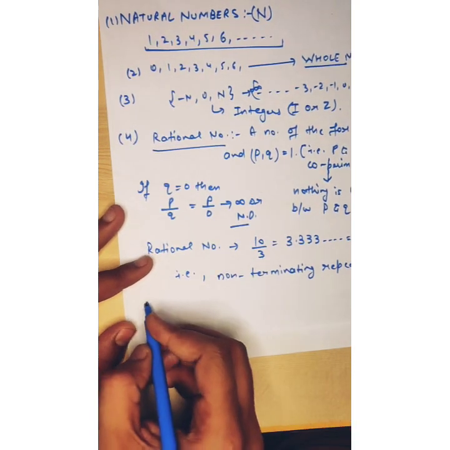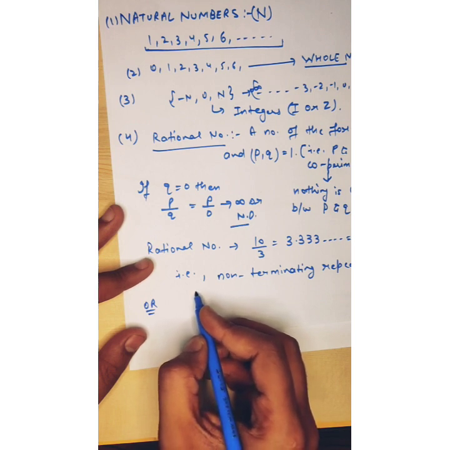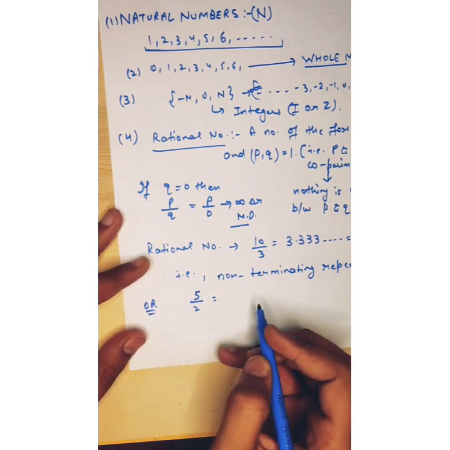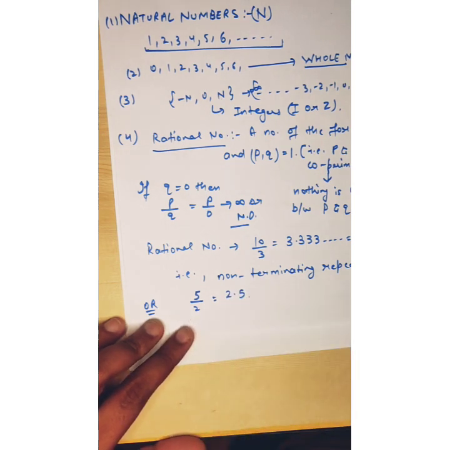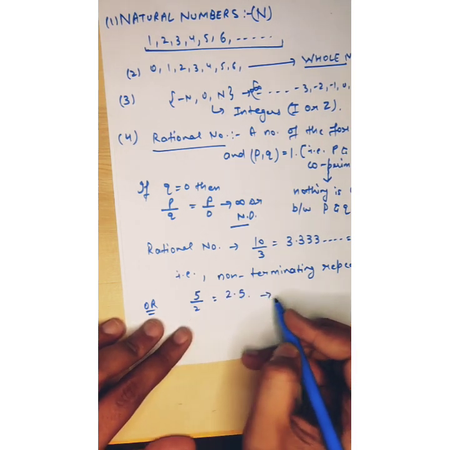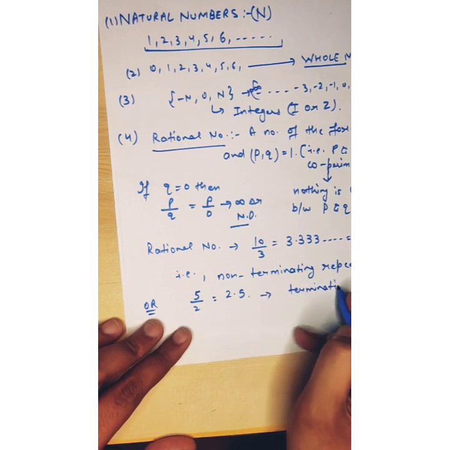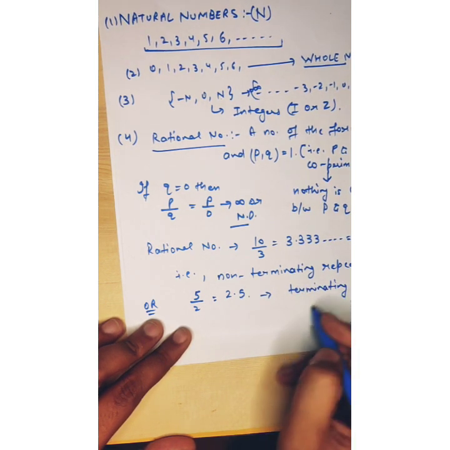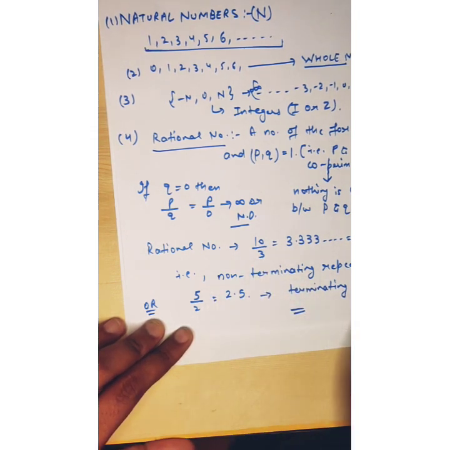Or a decimal expansion of the form like 5 by 2. Here its decimal expansion is simply 2.5. This decimal expansion is called a terminating decimal expansion.